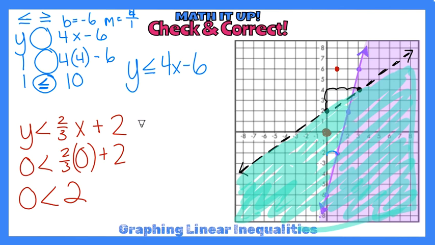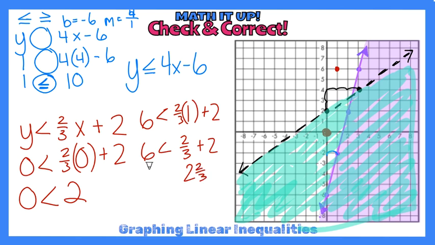So 6 as my y, 1 as my x, plus 2, 2/3 plus 2 is 2 2/3, is 6 less than 2 2/3? That is a false statement. That is a big no. And that just helps me to confirm that that is not the side containing the solution. This side is the side containing the solution.